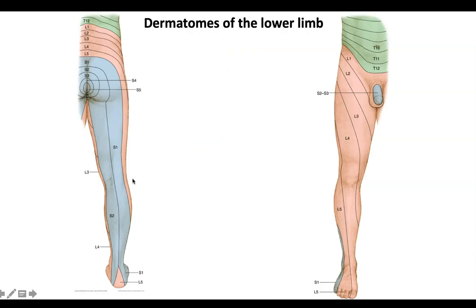This is the dermatome of the lower limb. You can see on the anterior aspect of the lower limb, the dermatomes are from L1, L2, L3, L4, L5. Only a little bit of the most lateral side is by the S1.